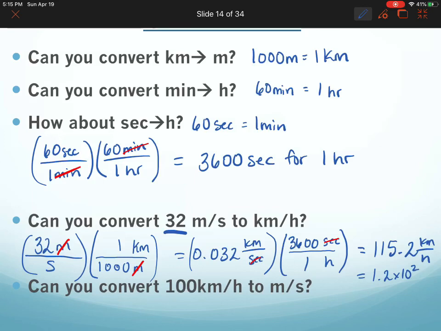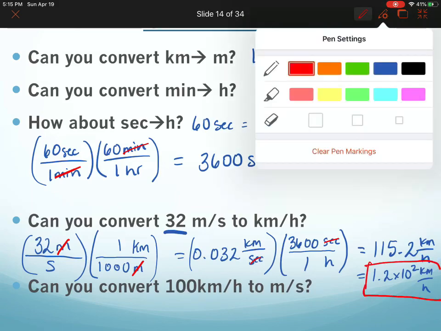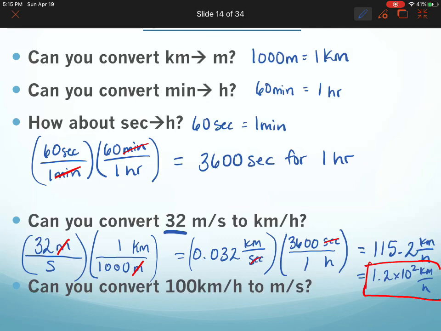So I need to use scientific notation, and it gets me 1.2 times 10 to the 2 kilometers per hour. There we go. Again, you guys just want to pause it for a sec. Can you try converting 100 kilometers per hour to meters per second? Give it a try. I'll put the answer up in a minute, I promise. Just pause and give it a try.